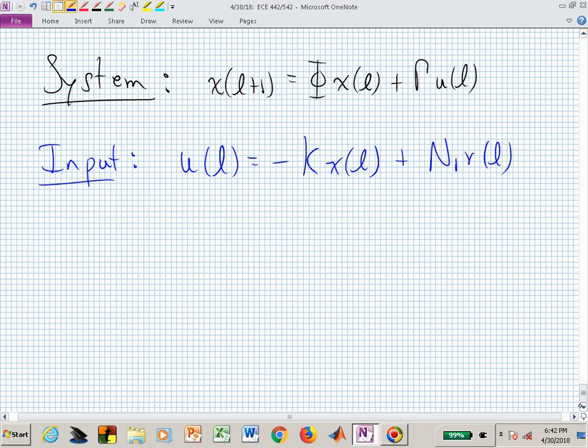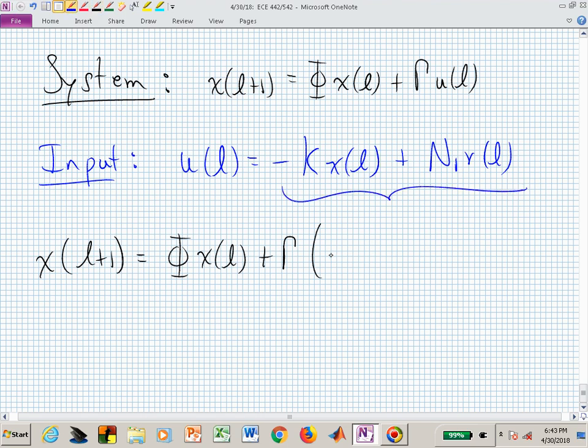So now if we use that u of k in the system equation, we have our closed loop system dynamics. We have phi times x of k plus gamma times this, minus Kx of k plus N sub 1 r of k. And all of these better be compatible with each other matrix-wise, dimensionally, so that we can combine them.